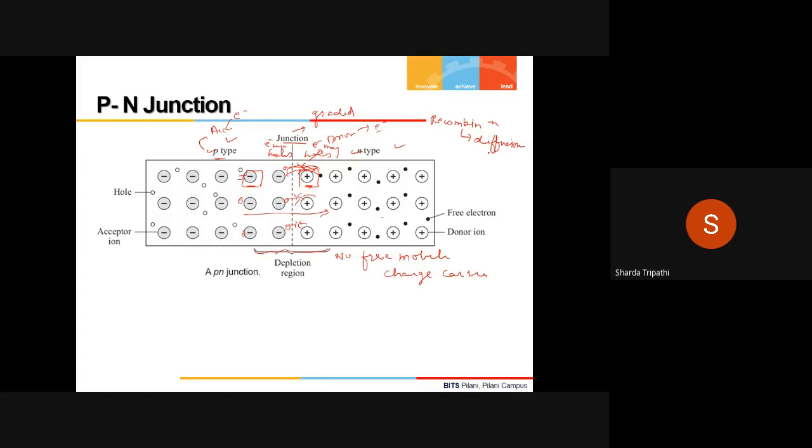One thing that I did not mention in the last class is that this diffusion of electrons from N type to P type and from P type to N type, when this recombination is happening, this leads to a flow of small current, which is actually called the diffusion current.